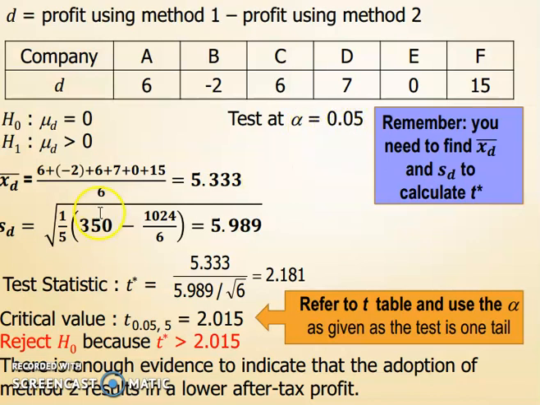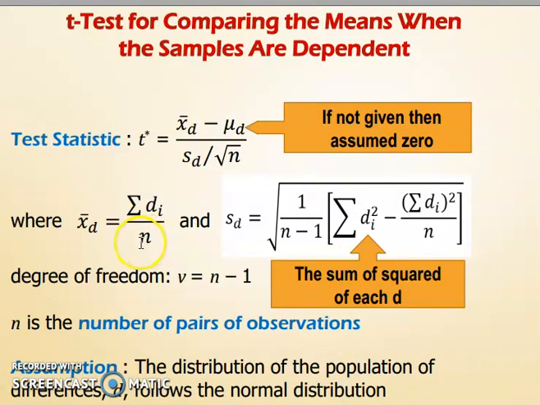0.05. So in this matched pair t-test, we need to calculate x D bar and also s D. What is x D bar? It is the summation of di over n. di is the difference, so you need to add up all the differences that we just calculated: 6 plus minus 2 plus 6 plus 7 plus 0 plus 15, divided by 6.